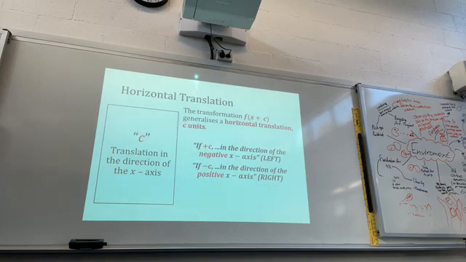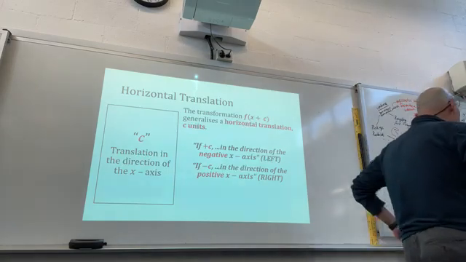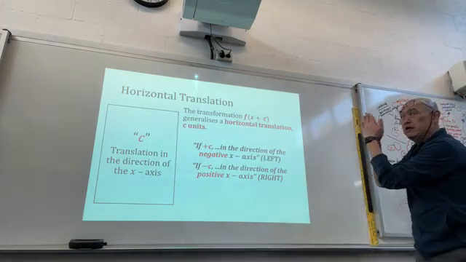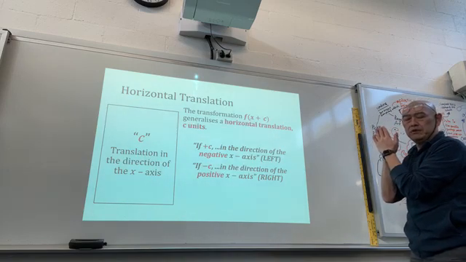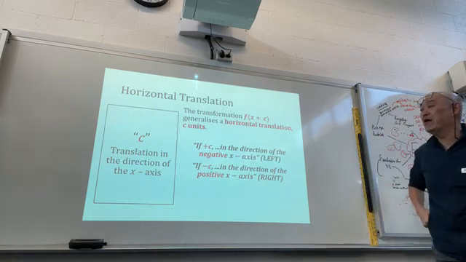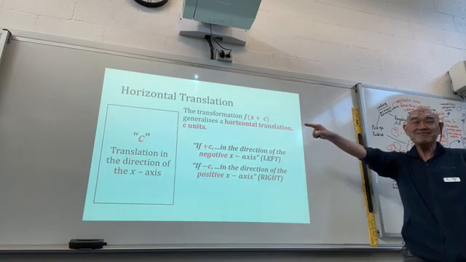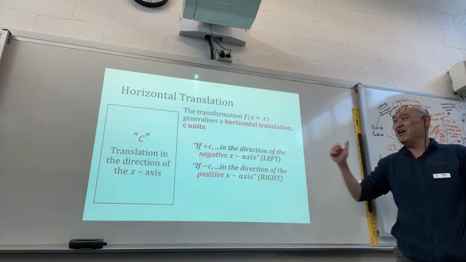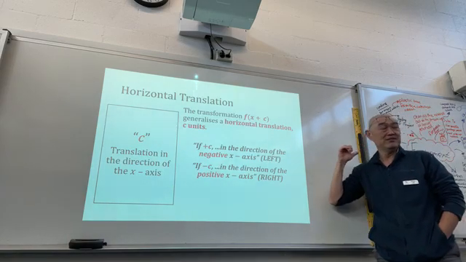Now, I'm going to use A, B, C, and D. You must remember C is horizontal translation by C units. So positive C is in the direction of the negative x-axis, which is to the left. Like I say, if you describe it as to the left, I'll accept it. Negative C is in the direction of the positive x-axis, to the right.